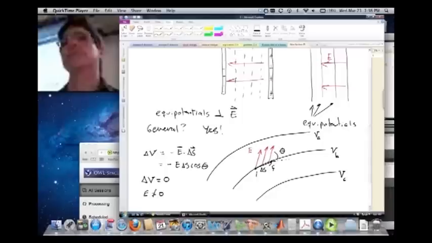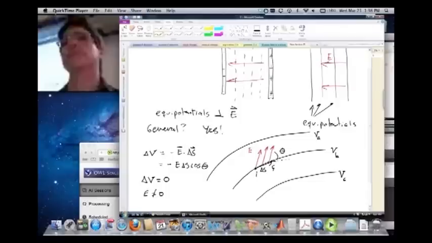There will be a general angle theta formed between the electric field and the equipotential. So the change in potential as you move from I to F, according to the equations that we've discussed before, is equal to minus the integral of E dot ds. Since we're saying that this is a very short distance and the electric field does not change much, then we can take the electric field out of that integral, and the expression is minus E dot delta S. Both of those quantities are vectors.